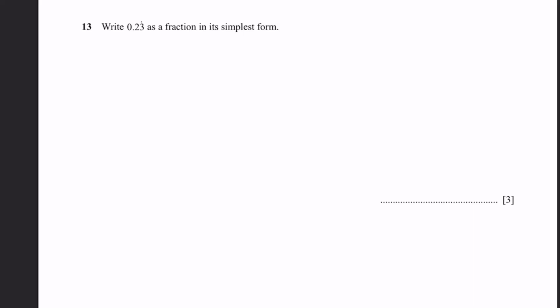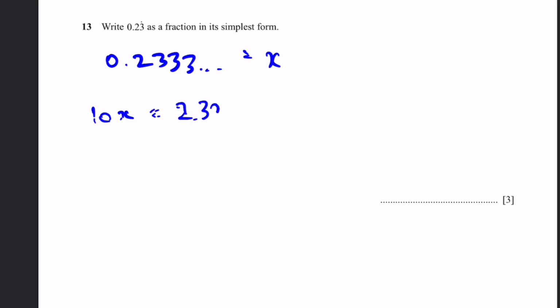Question 13, write 0.2333 recurring as a fraction in simplest form. This dot above 3 represents endless 3's. So 0.2333 dot, that's equal to x, let's say. So that means 10x is going to be equal to 2.3333, goes on.